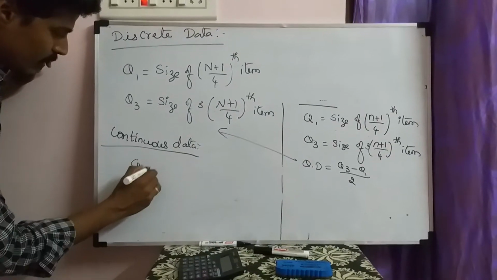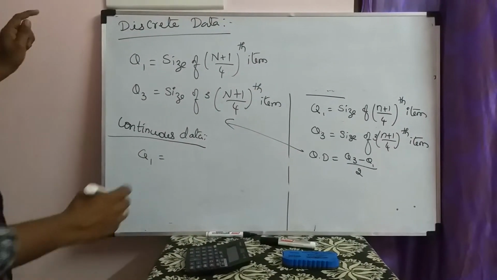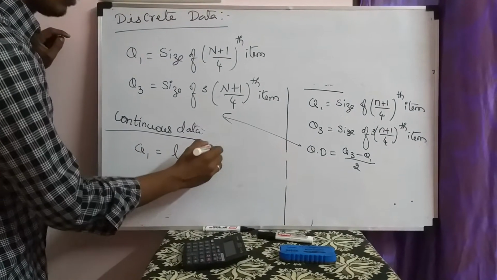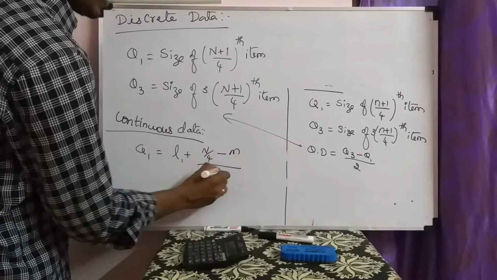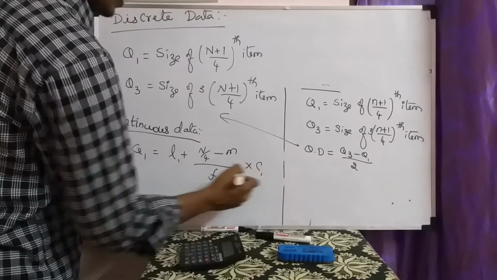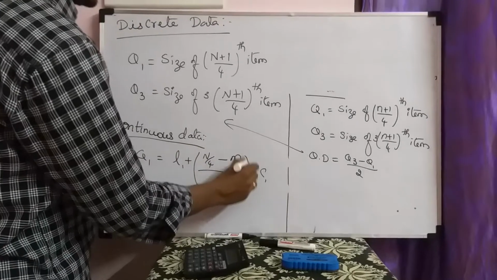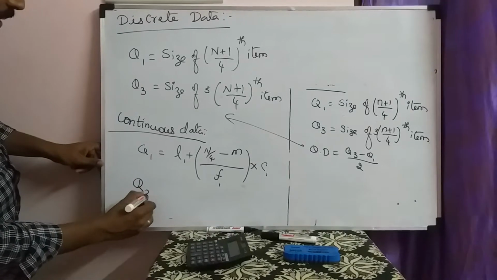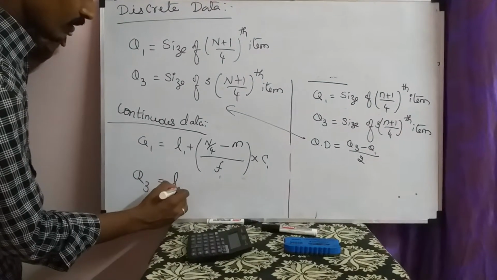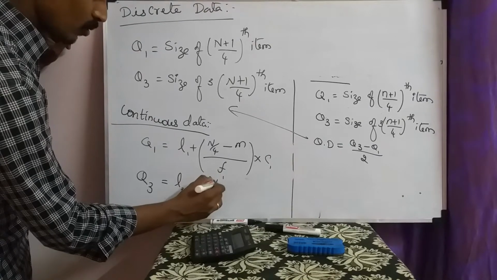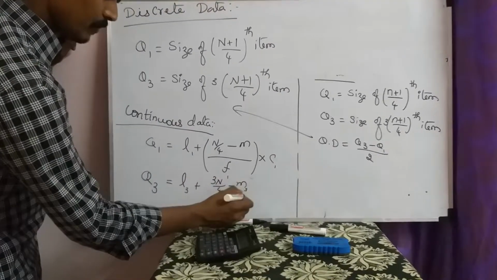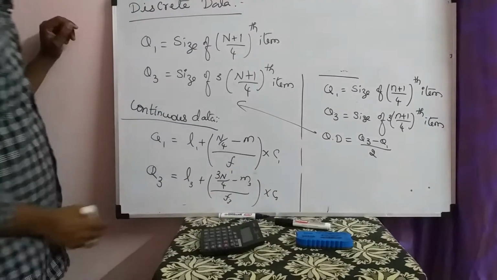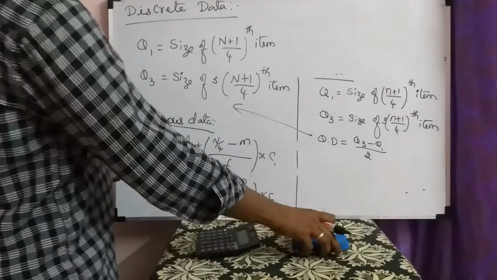Next, the continuous data. Q1 is L1 plus (n by 4 minus m) divided by f1 into c1. This is the Q1 formula. And Q3 is L3 plus (3n by 4 minus m3) divided by f3 into c3, where c is the size of the class.